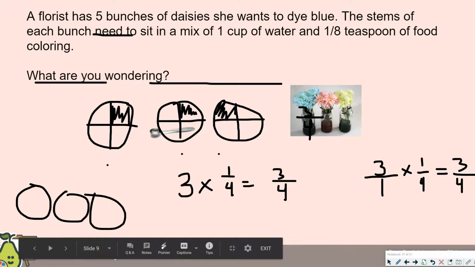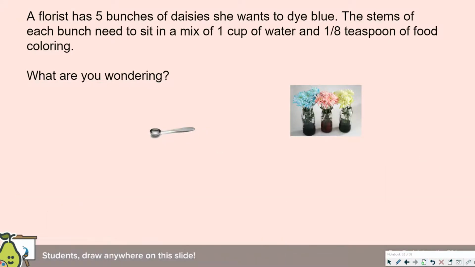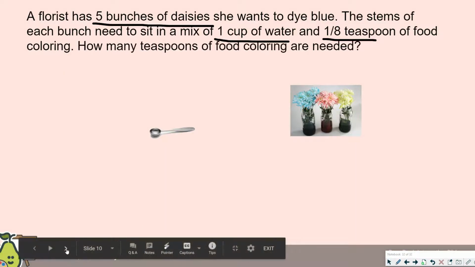All right, so let's look at this example. This says a florist has 5 bunches of daisies she wants to dye blue. The stems of each bunch need to sit in a mix of 1 cup of water and 1/8 teaspoon of food coloring. What are you wondering? What do you guys think? Think about that.